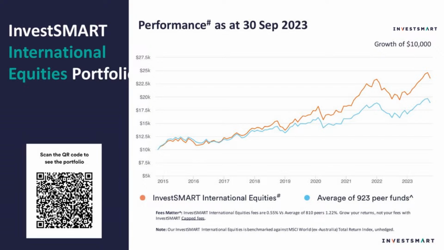You have to invest in a product that tracks it, and that product has tracking error, it's got costs associated with it, etc. So you can't get the pure benchmark return. So we track ourselves against the average of our peers. So that means the people that you can go out and invest in. So the other funds out there that you can go and buy, and you can actually go and allocate your capital to. So we compare ourselves to those.